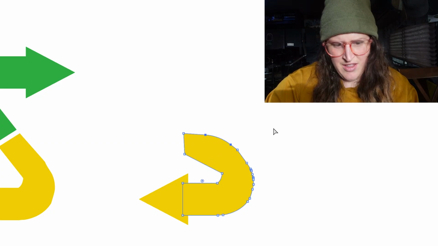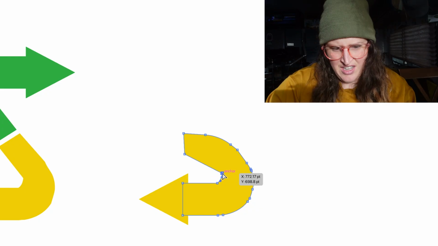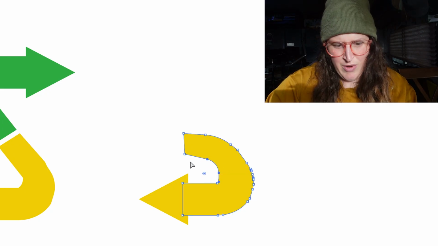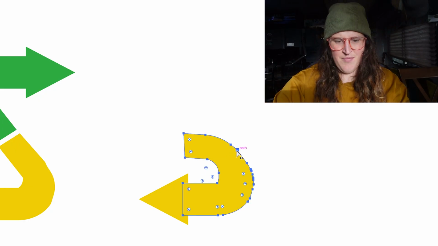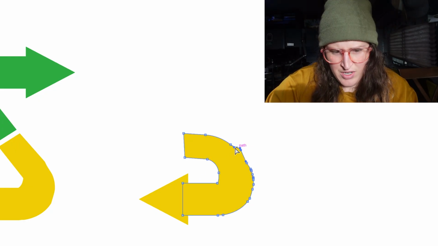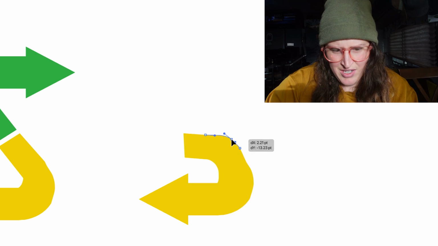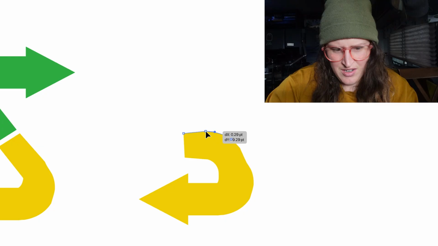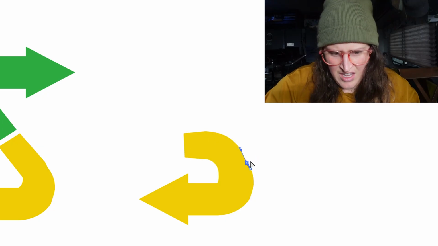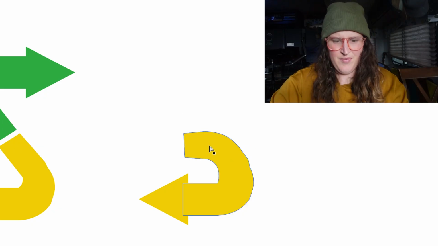Let's round this part and move this part up and round it. Okay. We need to widen this part. We need to widen it out. And move these out a little bit.